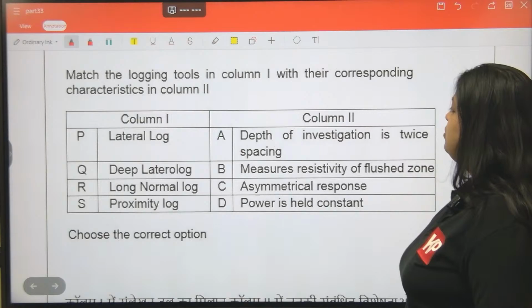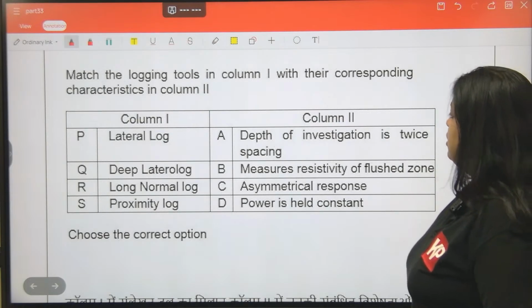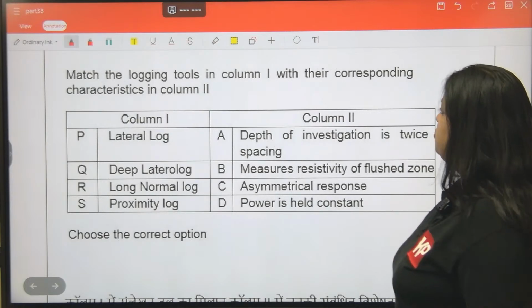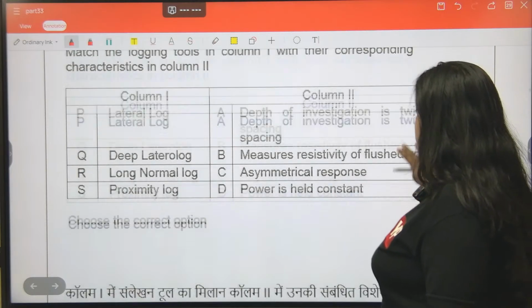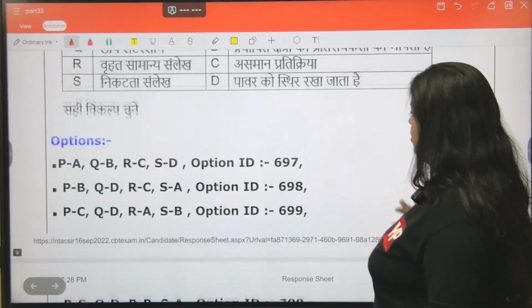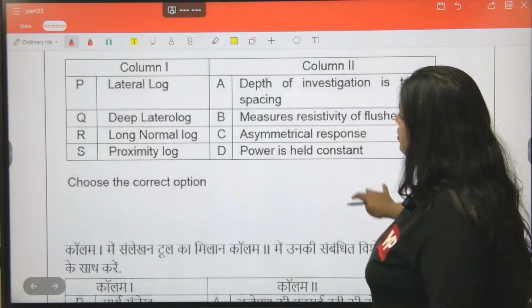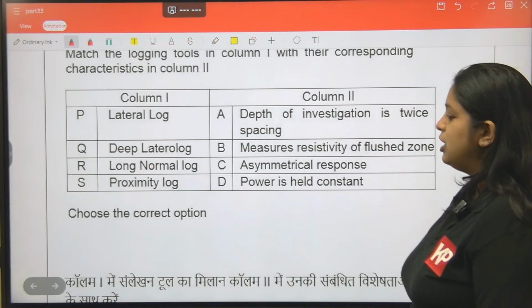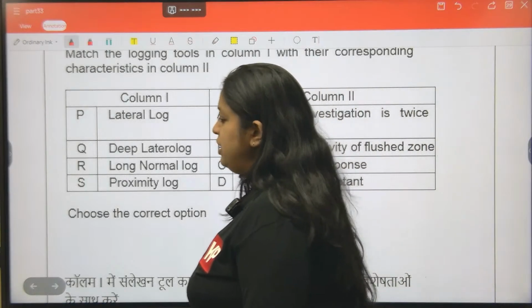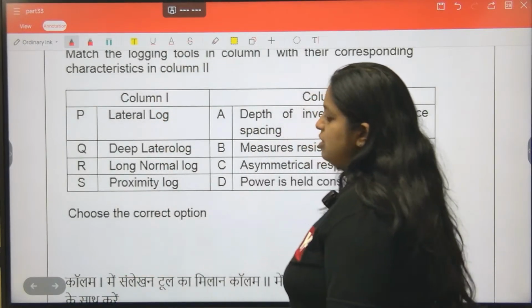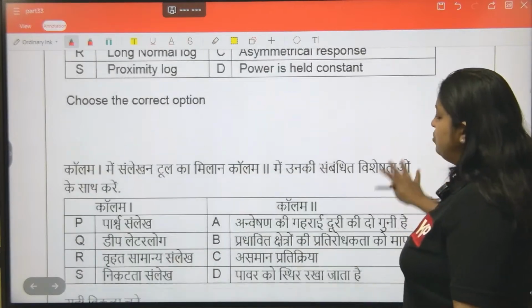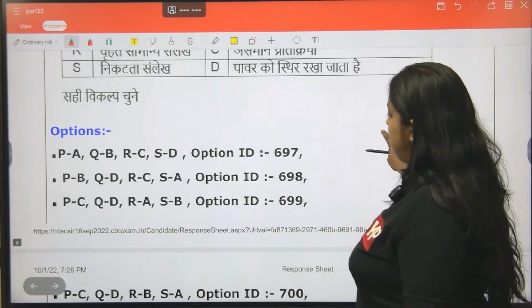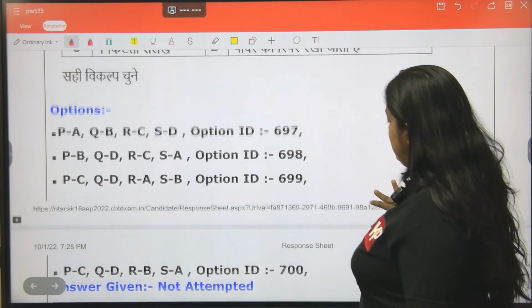Match the logging tools in column 1 with their corresponding characteristics in column 2. Lateral log, deep lateral log, long normal log and proximity log. This is also a very direct question. So the answer is D actually.